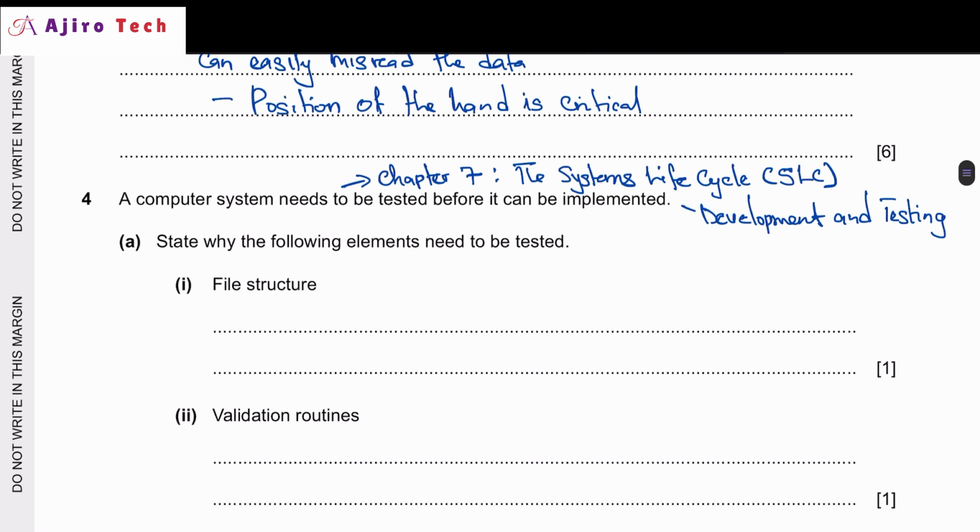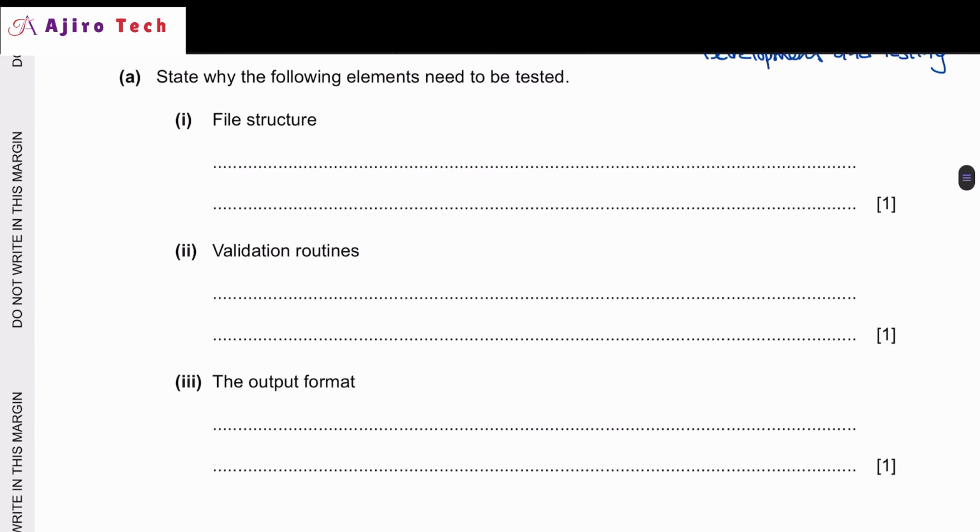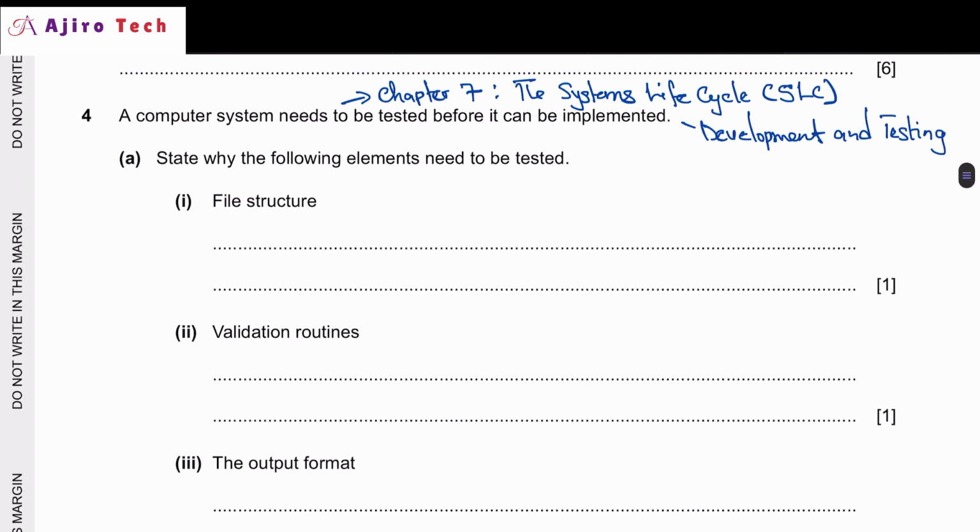Let's talk about it now. We have five of them: the file structure, validation routine, data structure, the output format, and the input format. Now, for the file format, we have to ensure application compatibility.